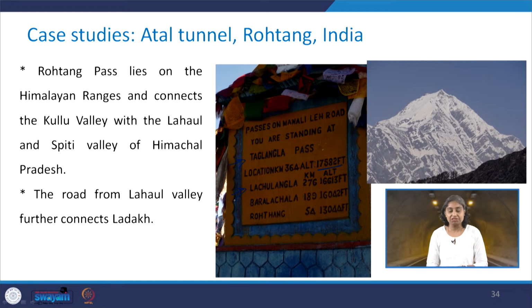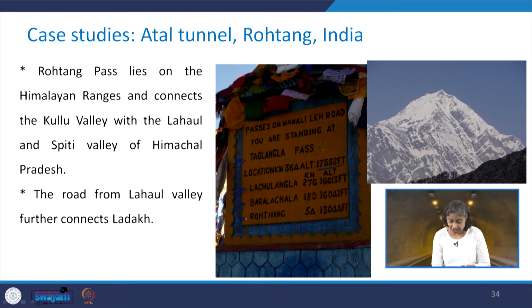So we have other passes, Lachungla Pass with the altitude say more than 16,000 feet. Then we have another one, Baralacha La Pass, although its altitude is less than Lachungla Pass.